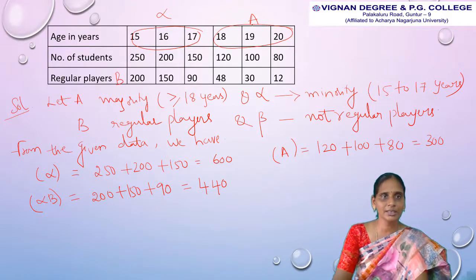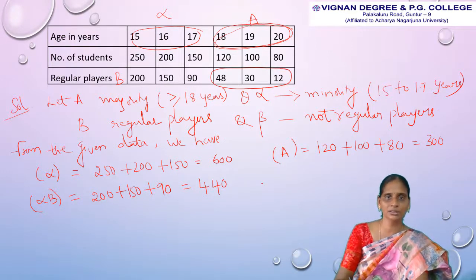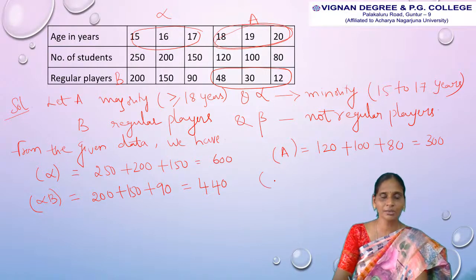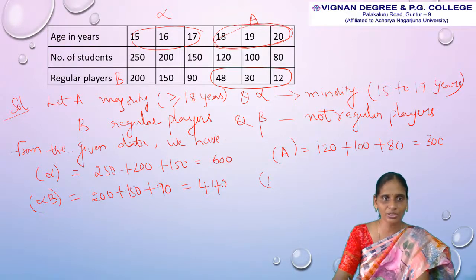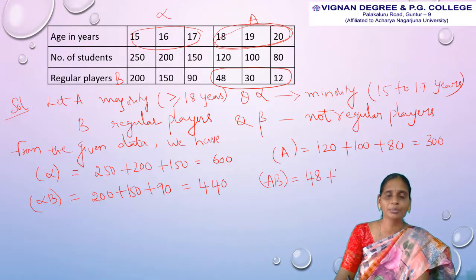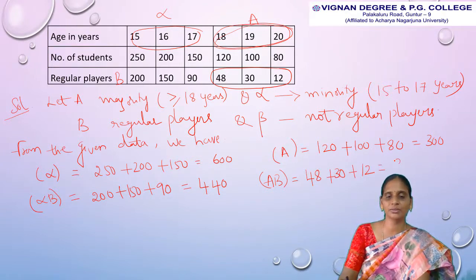And in the next case, major with regular players. Major is denoted 18 to 19 years. So the corresponding values are here. That value can be expressed in the class frequency, frequency of AB. This is equal to 48 plus 30 plus 12. This is equal to 90.